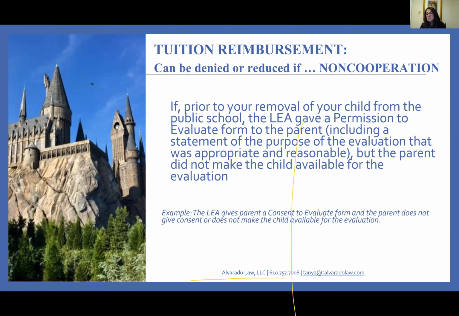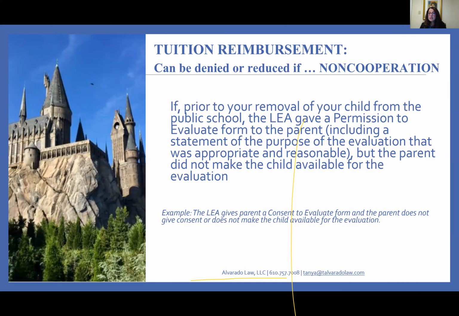So the kinds of things they're looking for is, was there anything that occurred that prevented the school district, or that the school district might say prevented them from being able to give you an appropriate program within that critical time period before you take your child away.